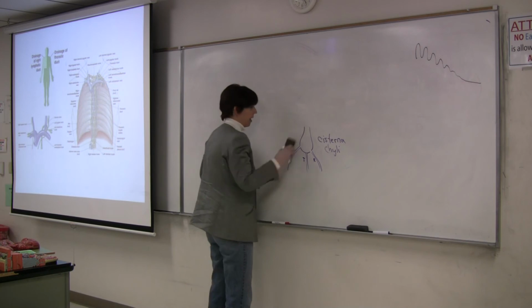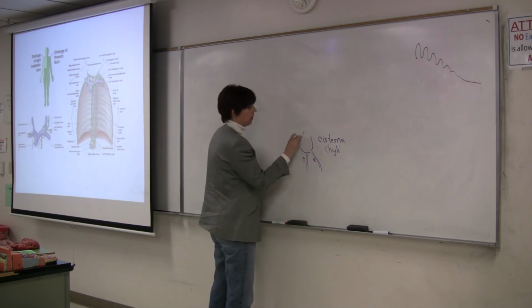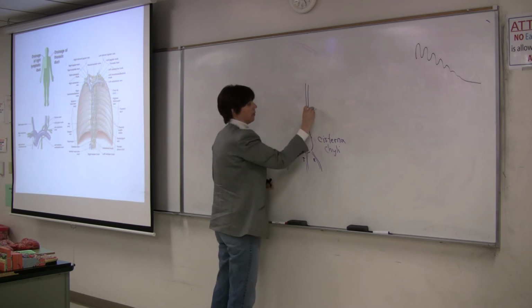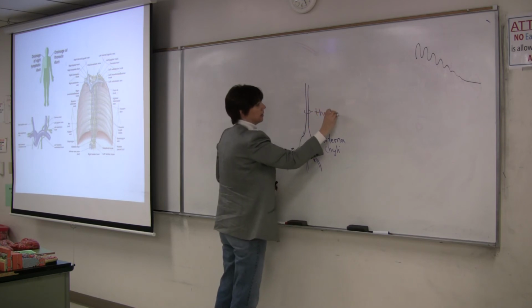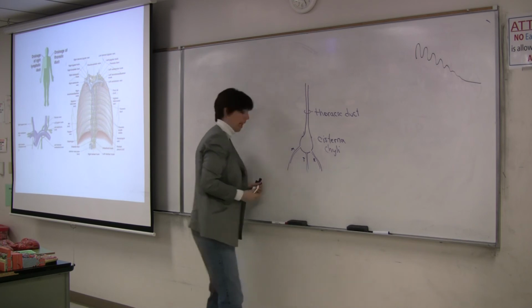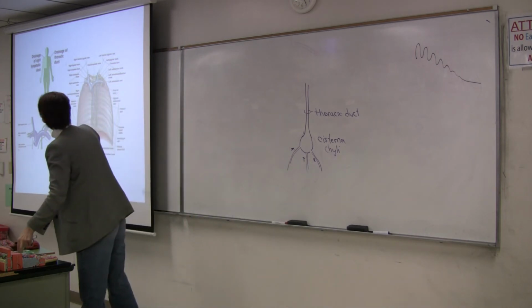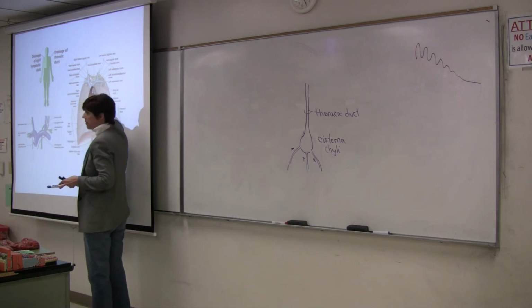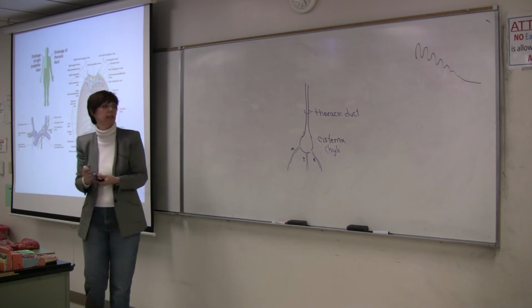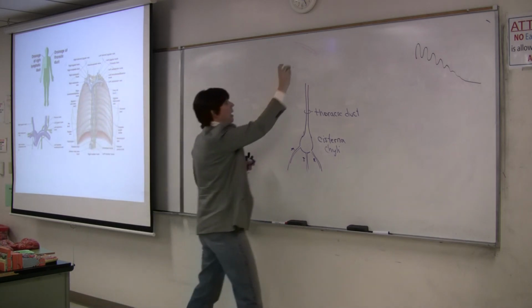And then that narrows and flows. We find this channel right here, which is known as the thoracic duct. It flows up almost in the center along the anterior surface of the bodies of the thoracic vertebrae.